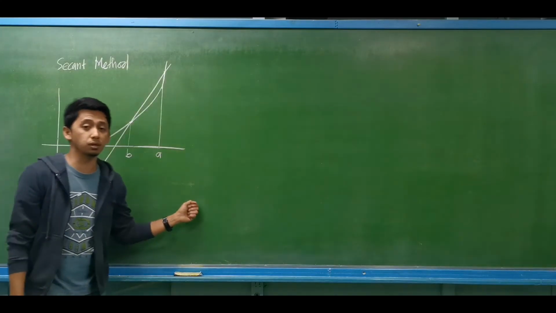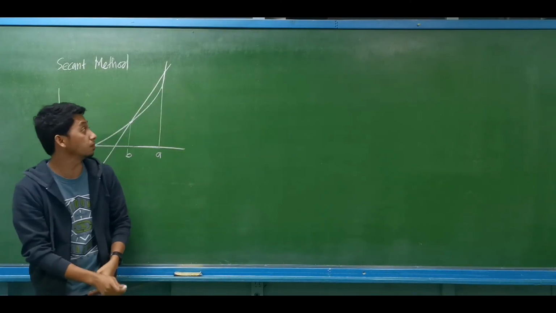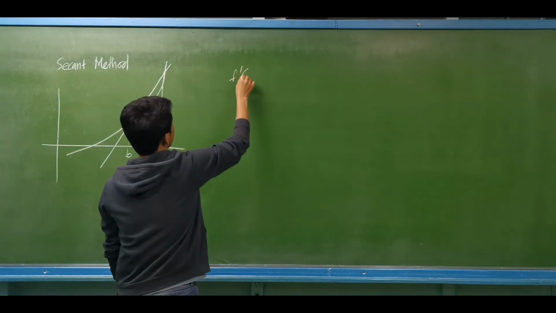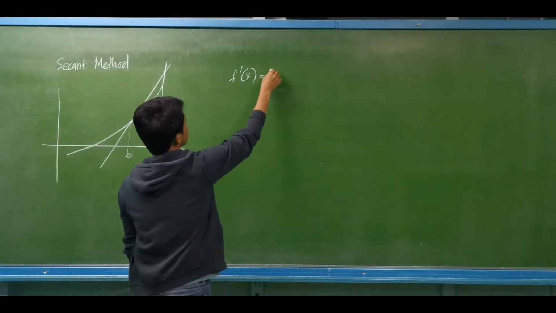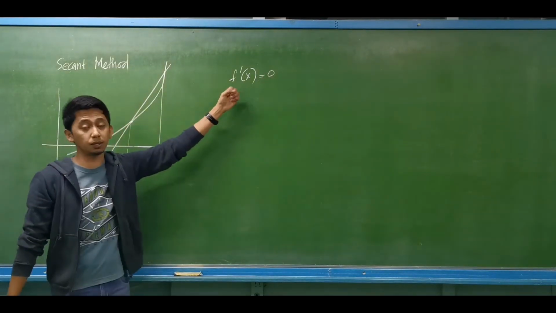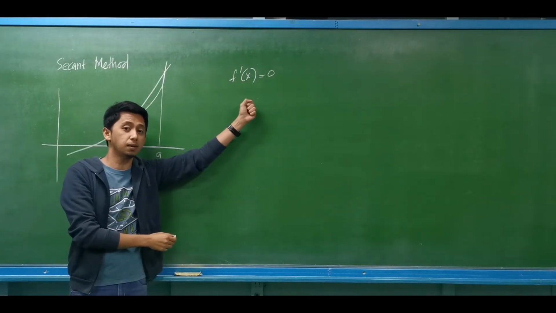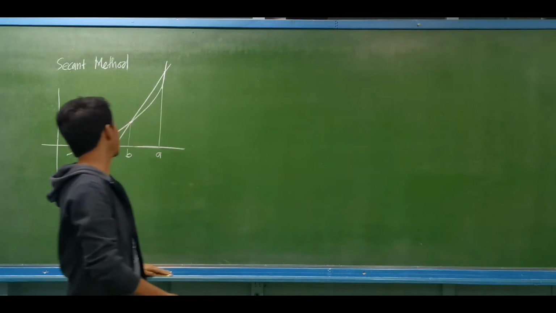By the way, this method is developed because of a problem in the regula falsi method. One problem for the regula falsi method is if the first derivative of the function is equal to 0, we cannot use the regula falsi method. So that's why this method is developed.